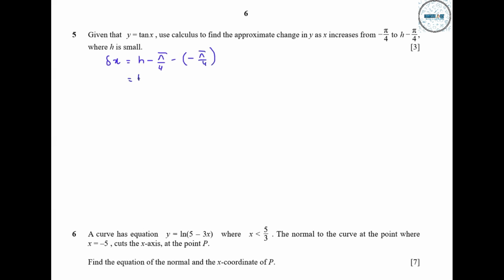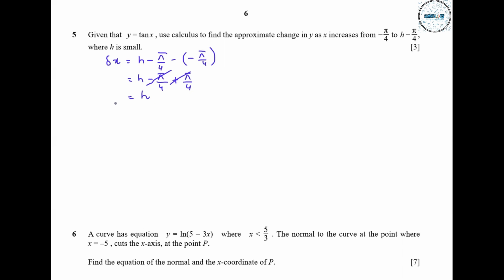So we have h minus pi upon 4 plus pi upon 4. So this and this would be cancelled out. So delta x is equal to h.